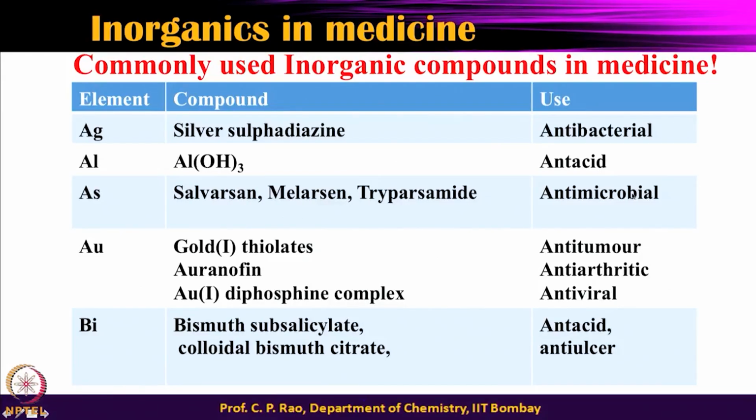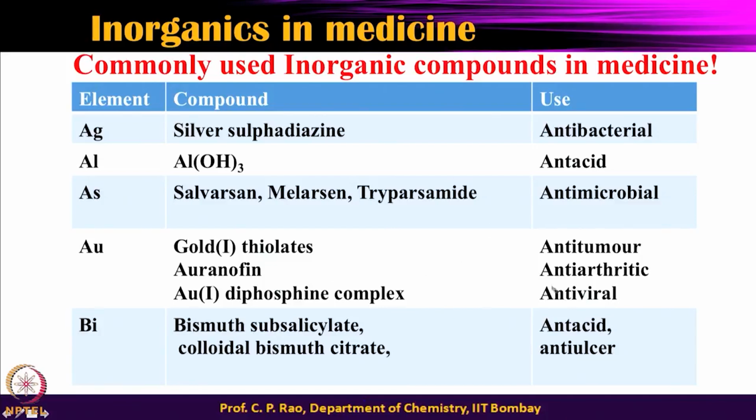Gold thiolates: gold is also one of the heavy atoms and is a soft ion. So, therefore, it can bind with the thiolates much better. So, gold(I) thiolates, auranofin, Au(I) diphosphine complexes, all of these can be used as anti-tumor, anti-arthritic and antiviral agents.